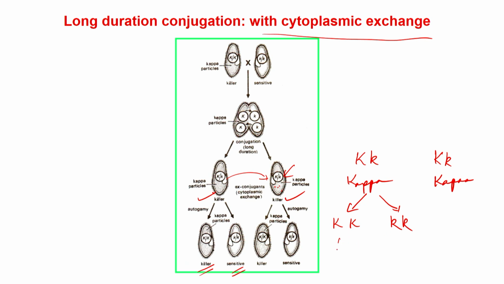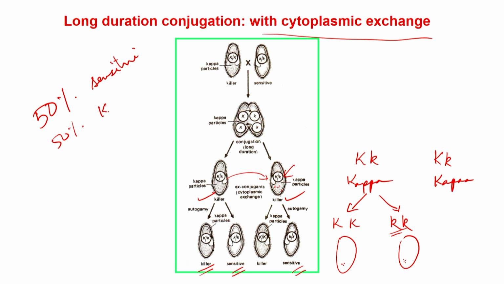So both have paramecium, both have kappa particles, but because this is recessive, this remains as sensitive, and this over here remains sensitive. So you have 50% sensitive and you have 50% killer, in the third generation, when there is cytoplasmic exchange.